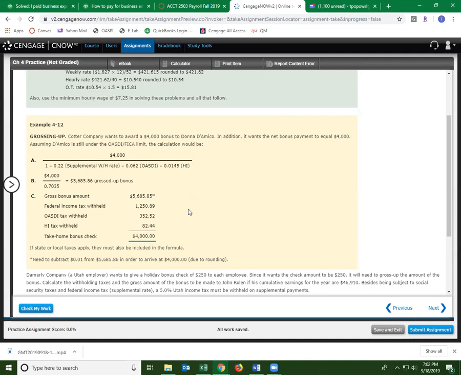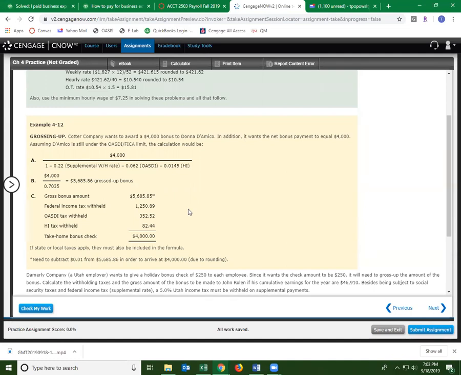So your formula is always the gross amount, the take-home amount, and then divided by 1 minus the supplemental withholding rate, which you'll use for, all of these grossing up problems will use a supplemental withholding rate of 22%. So you don't have to calculate their specific withholding rate.